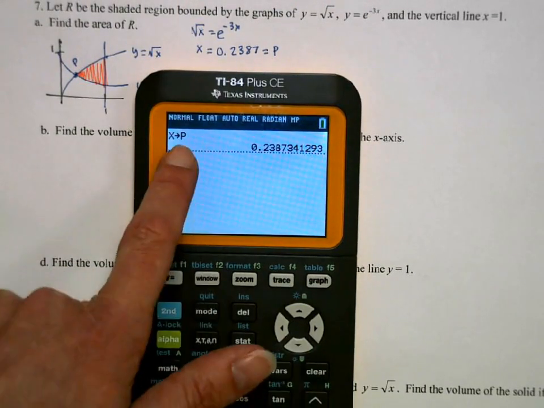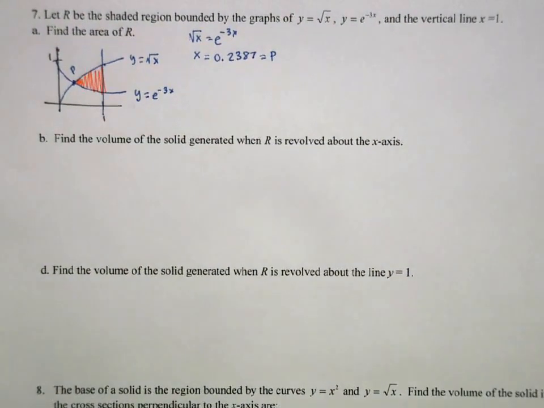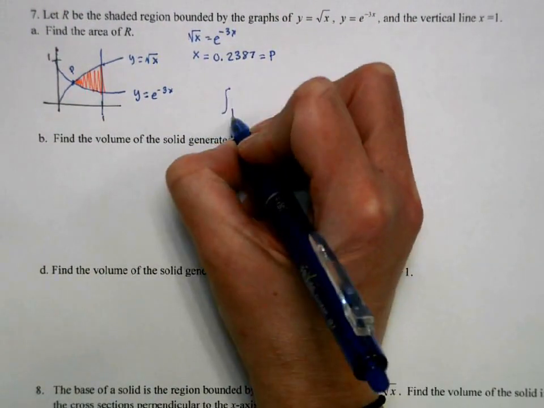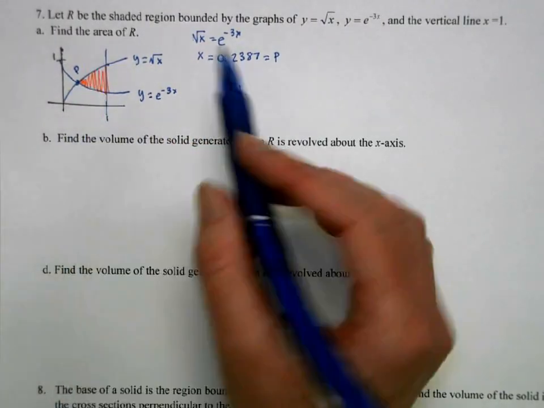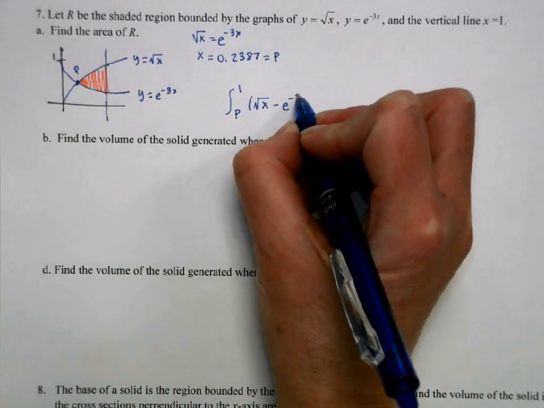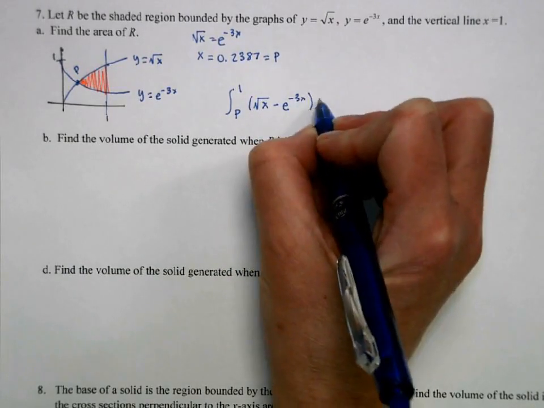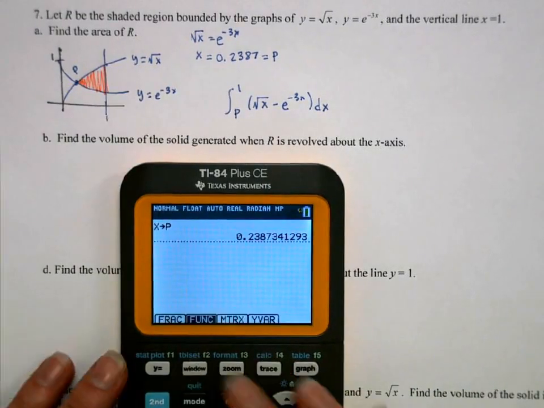So I want to integrate from P to 1, because we're going from here to here, and it's top minus bottom. So that's going to be the square root of x minus e to the negative 3x. Like I did before, I can do the integral, start at 0, and literally just type in P there because I stored that value.